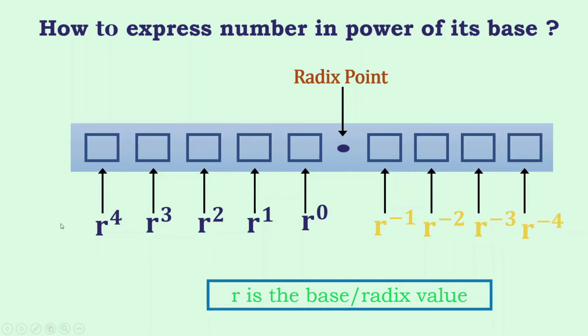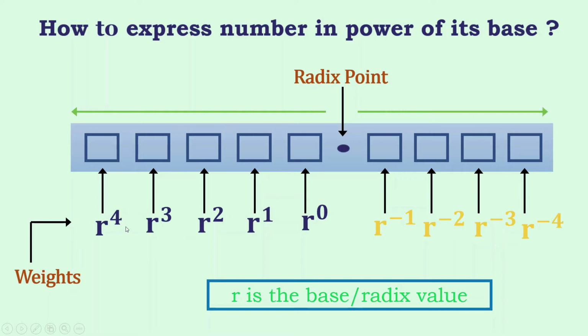So r raised to 4, r raised to 3, all this indicates the weight of each digit. As you move to the left hand side, the power of r goes on increasing, and as you move to the right hand side, the power of r goes on decreasing. That is, the weight of the digits decreases as you move to the right of the radix point.